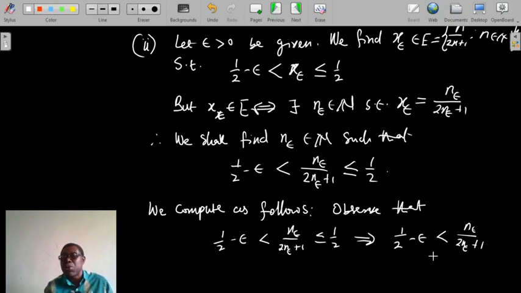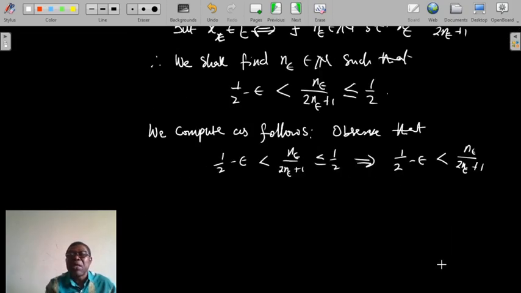So this is true. And what does this mean? This in turn implies that 1 minus 2 epsilon over 2 will be less than n_epsilon over 2n_epsilon plus 1.